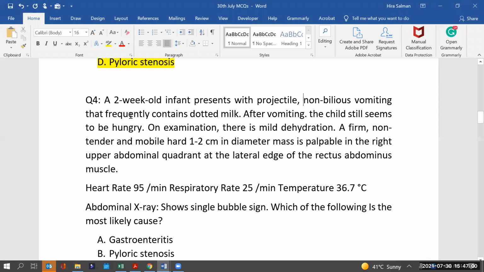As this baby is just 2 weeks old, this baby has pyloric stenosis, but the hypertrophy is not very much. That's why on X-ray it's just showing a single bubble sign.